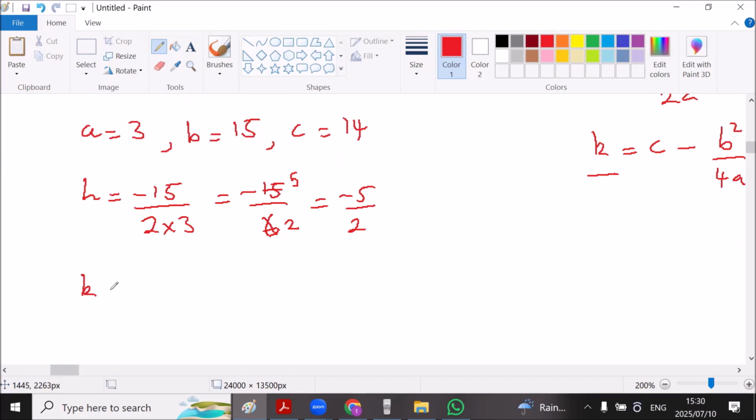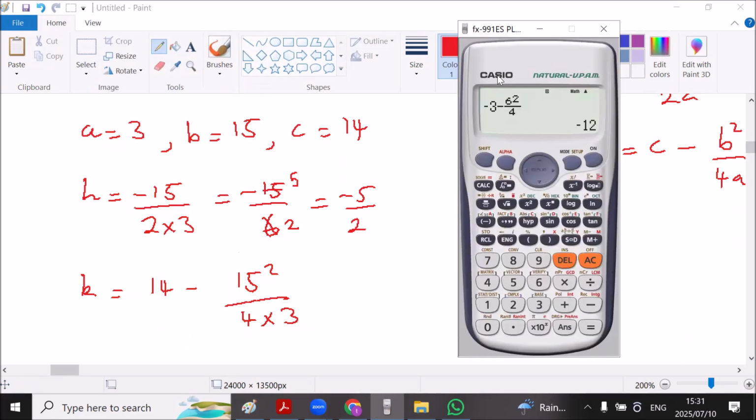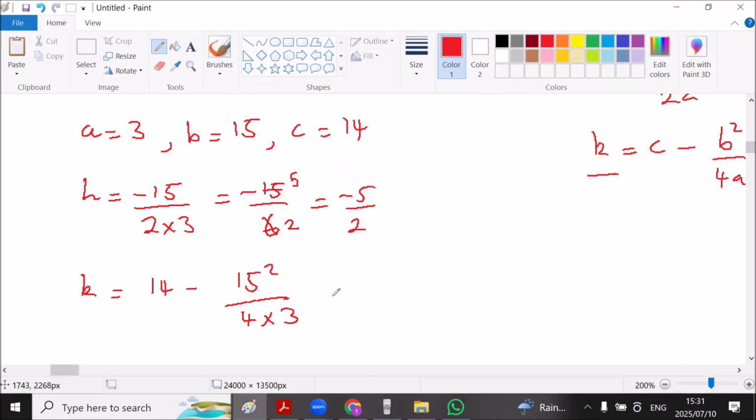For our k, we have 14 minus 15 squared over 4 times 3, which we can obtain from our calculator. 14 minus the fraction of 15 squared over 4 times 3, which is minus 19 over 4.